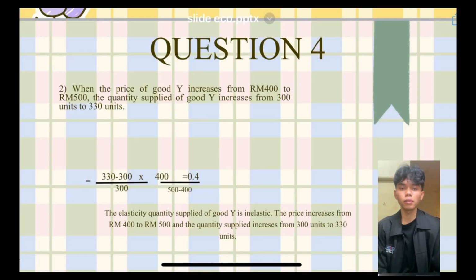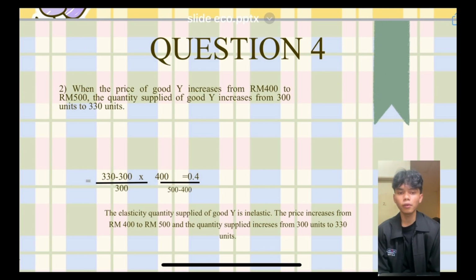This is question 2. The price of good Y increases from RM400 to RM500 and the quantity supplied increases from 300 units to 330 units. The formula is Q1 minus Q0 divided by Q0, times P0 divided by P1 minus P0.